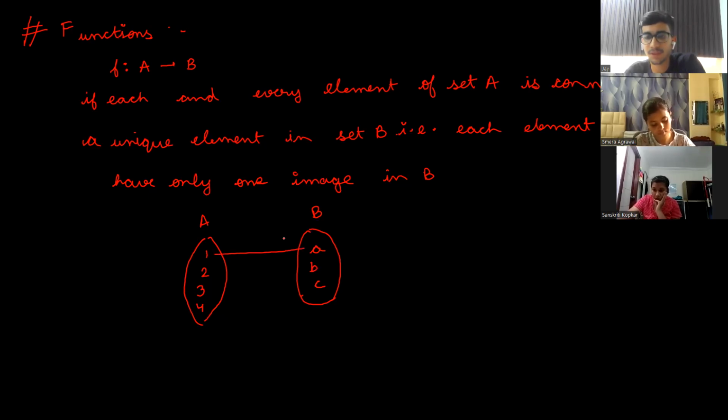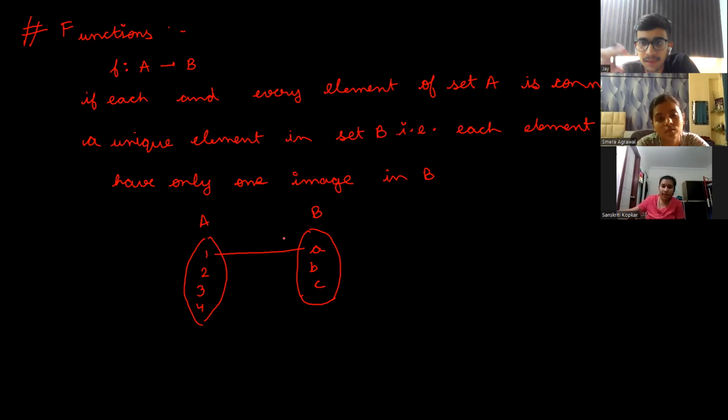Okay, tell me whether it's a function or not. No, sir. See, what I'm saying is कि अगर A से B एक function defined है, right? So A के पास जितने भी elements हैं, that has to be connected in B. ठीक है? मतलब 1 के regarding A की image होनी चाहिए, right?